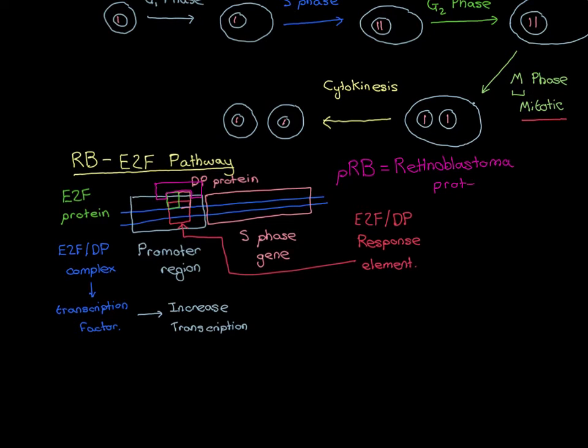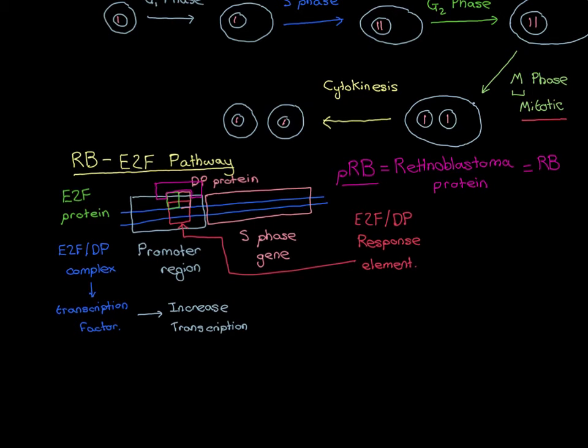Now, if you like, you can just call it RB like so. You don't have to put the p in front. Strictly speaking, pRB is the name you should use for the actual protein, and RB is the name for the gene. However, often people just use RB for the name of the protein as well. But that's just strictly speaking.